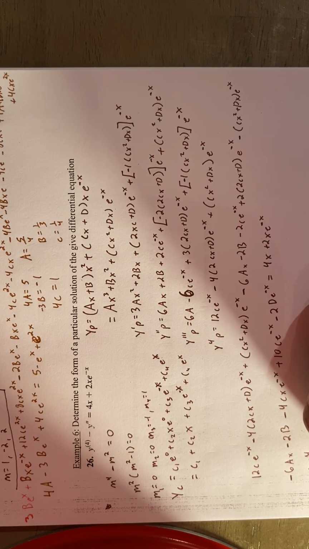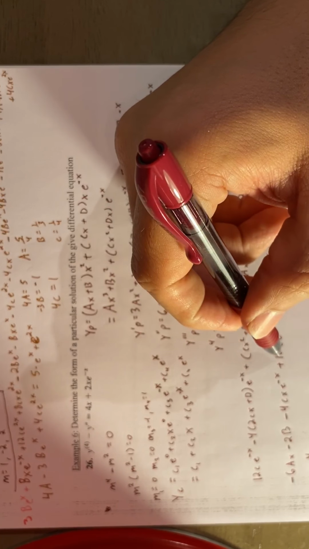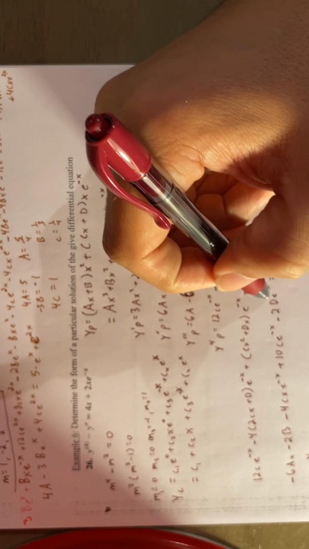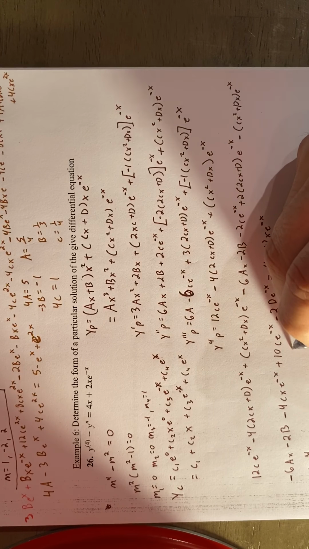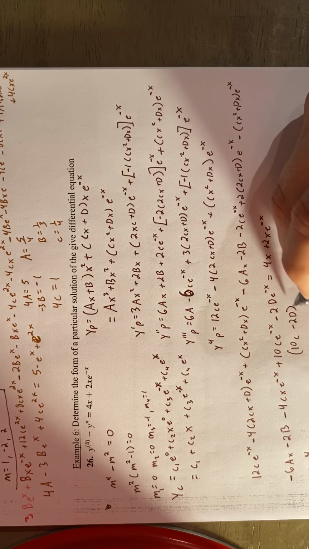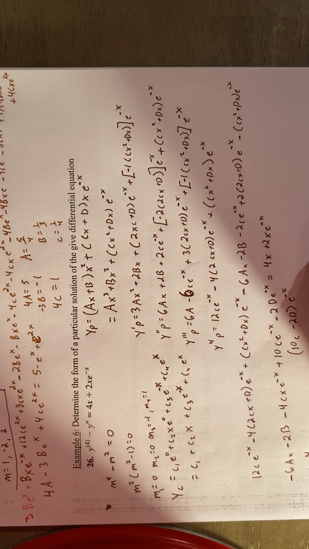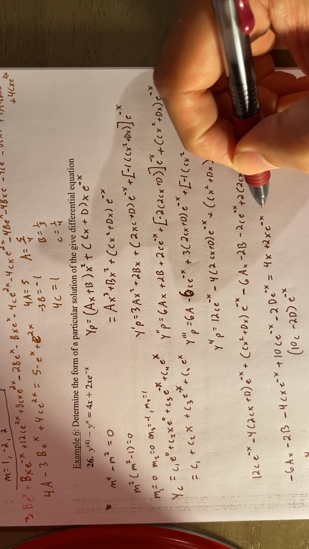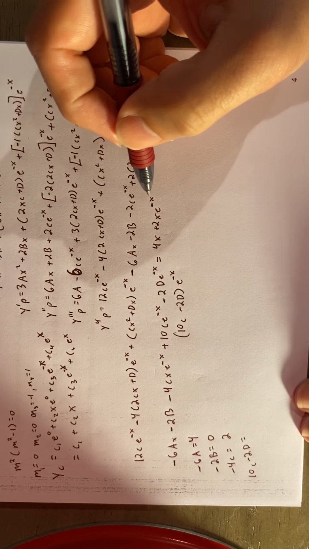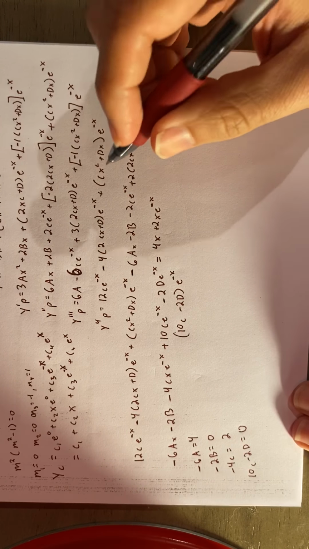So negative 4c is equal to 2. And then we have 10c e to the negative x minus 2d. This is actually just 10c minus 2d times e to the negative x. Because it can be written like that, there's a coefficient of 10c minus 2d, and we don't have anything over here for that, and so that is going to equal 0.